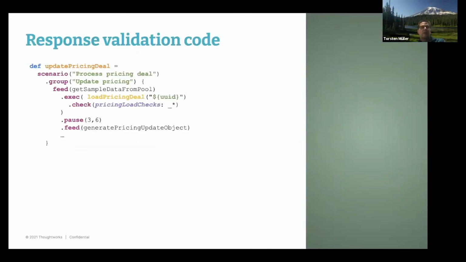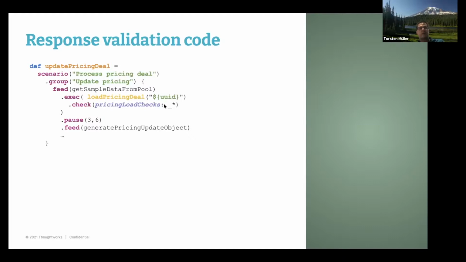So here's how you would put this into the code. So here's again, we have a group where we do a feeder that creates or provides a UUID. We're making our pricing deal request to the backend, saying use the UUID that it was just passed by the feeder. And once you're done, check using this.